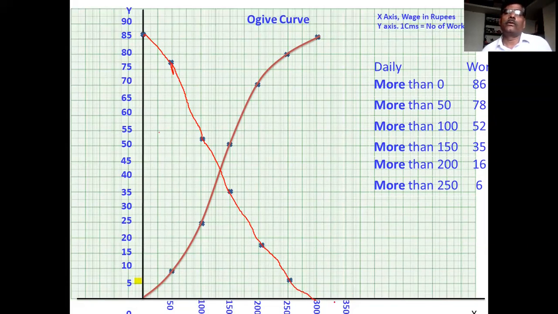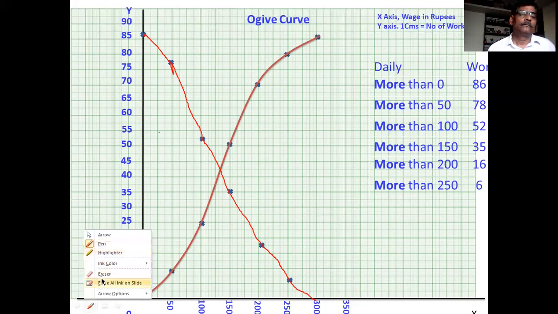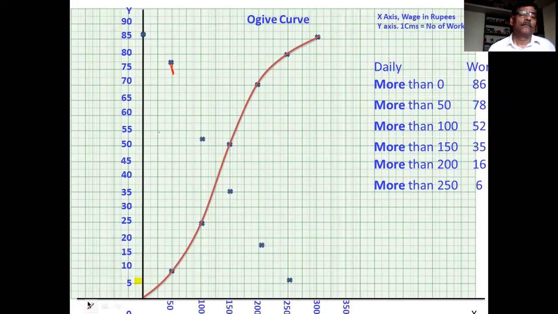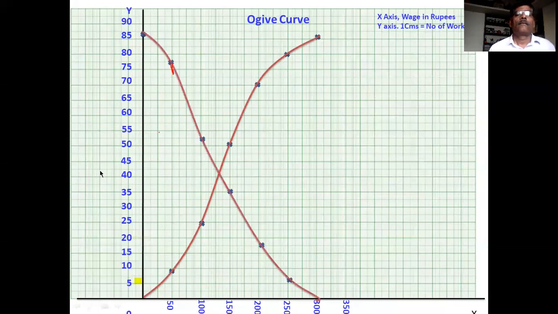Like this, you draw the curve systematically. This is the more than curve and this is the less than curve.